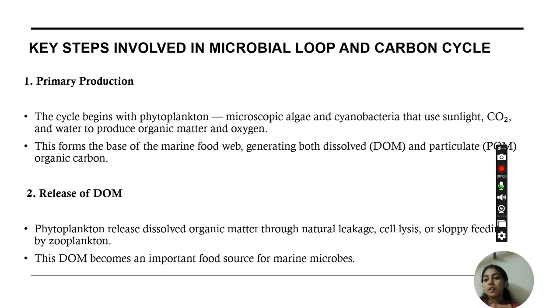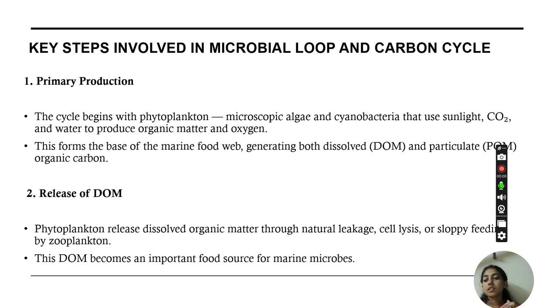First is primary production. The cycle begins with the phytoplankton, microscopic algae and cyanobacteria that use sunlight, carbon dioxide and water to produce organic matter and oxygen. And this forms the base of the microbial food web, generating both dissolved organic matter and particulate organic carbon.